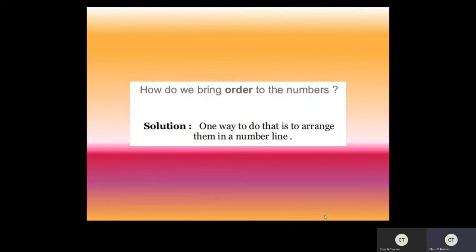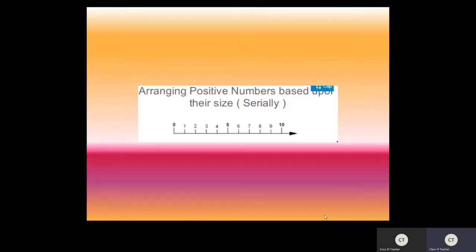So now this is the way to draw a number line. For the number line, just draw a straight line and the numbers are pointed to the 0. We'll start from the 0, in a serial order. And you will see here, children, from 0 to 1 and 1 to 2, the gap between them, the difference or the distance between them will always be the same. However many numbers you place, the difference between the numbers should always be the same.